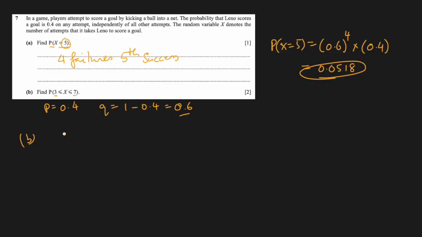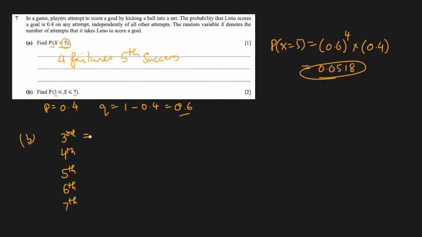So let's say that he is successful on the 3rd attempt, or 4th, or 5th, or 6th, or 7th. Everyone will have a different probability, because it's a geometric probability distribution, so there is no straight away method of finding them.